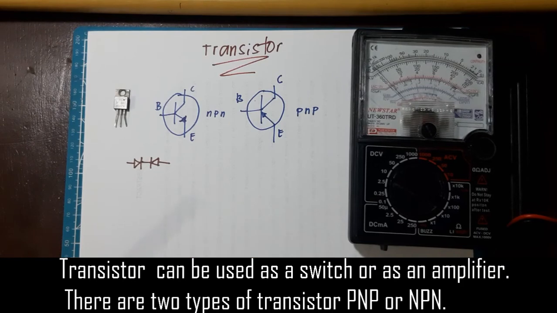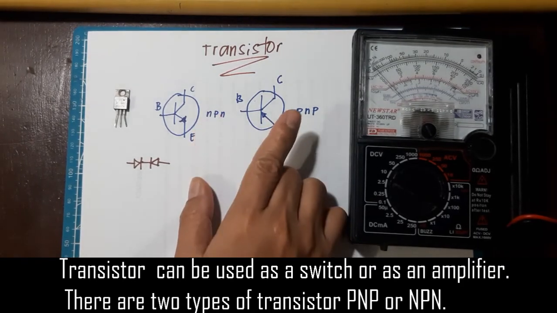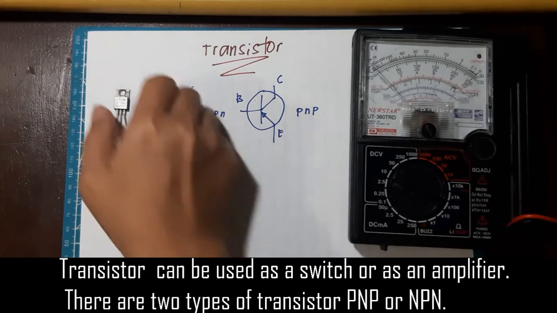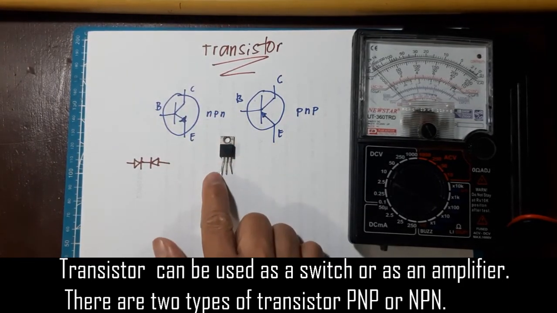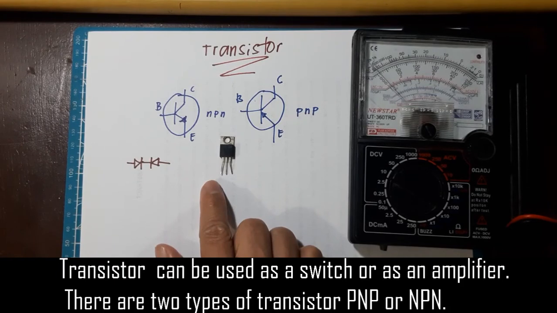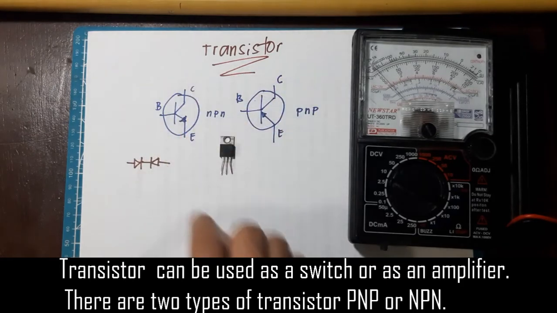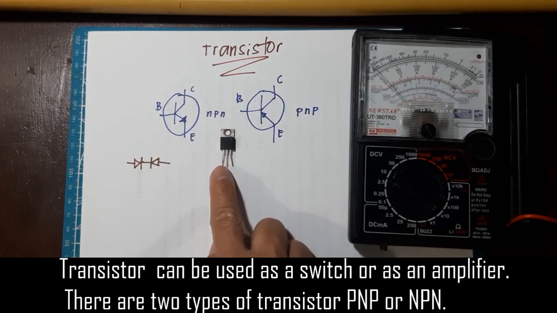Now to identify if it's NPN or PNP, we need to first identify the pin configurations, or the pinouts, of this transistor that we have here.